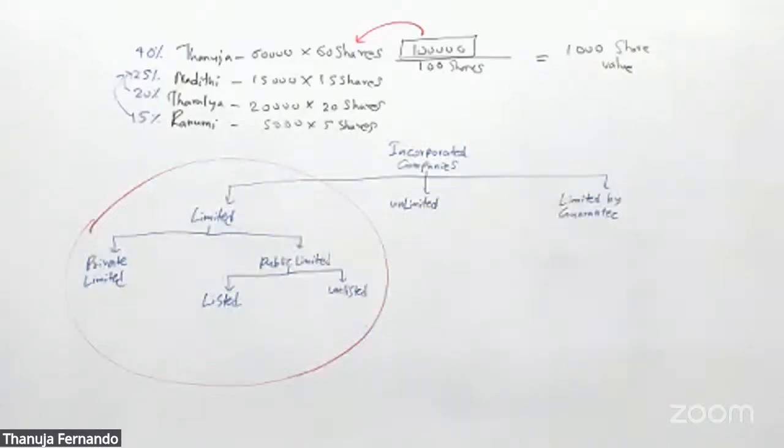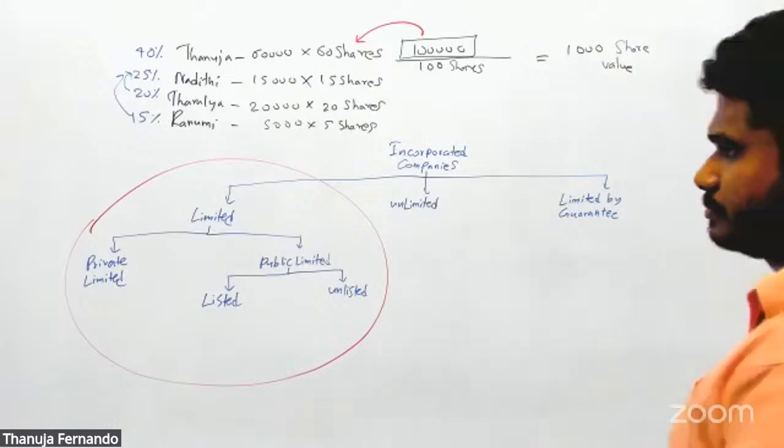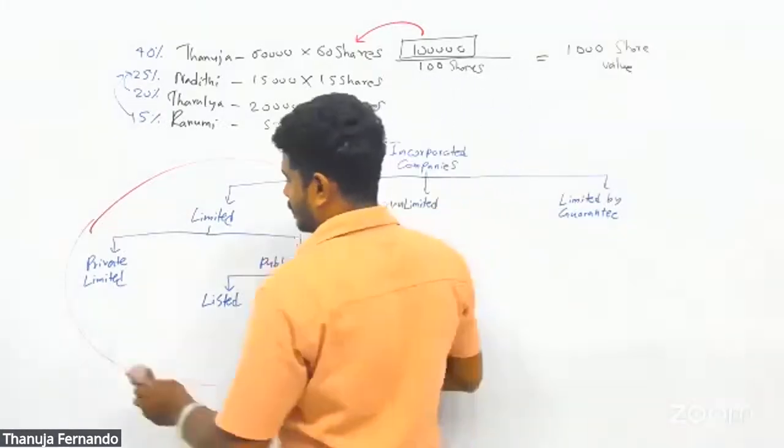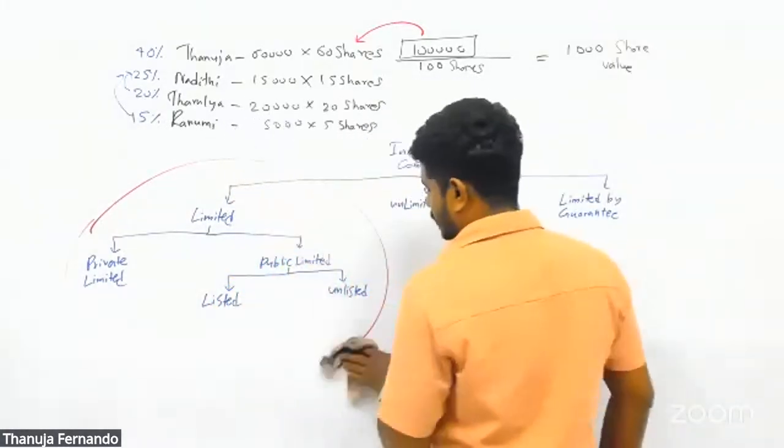Okay, so now we have an idea about it. In this lesson, we learn about only limited companies. These limited companies are divided into two, mainly private limited companies and public limited companies.